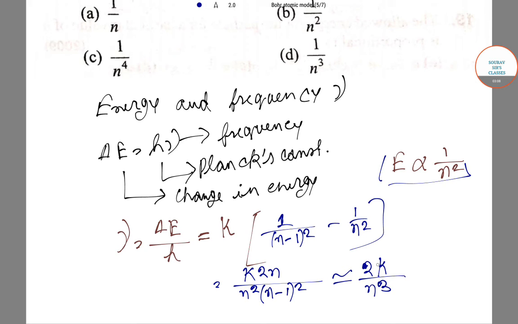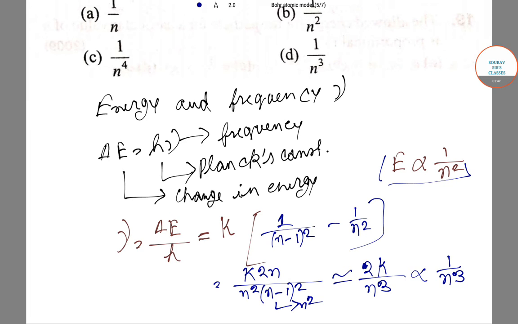Since n is much greater than 1, if we take n minus 1 as n, then n square into n square means n to the power 4, and in the numerator there is an n, so 2k divided by n cube is proportional to 1 by n cube.